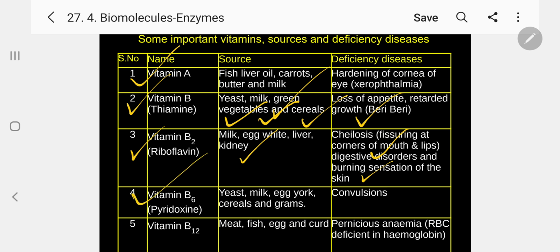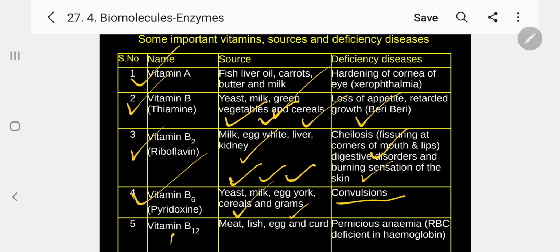Then vitamin B6, also known as pyridoxine. Normally it is present in yeast, milk, egg yolk, cereals and grams. The disease: convulsions.